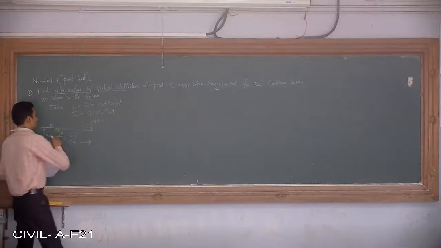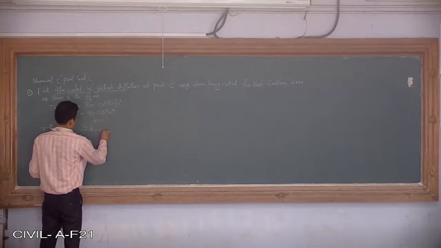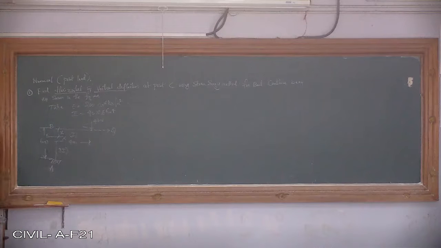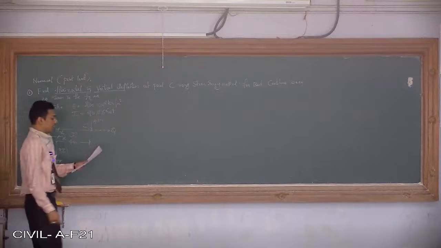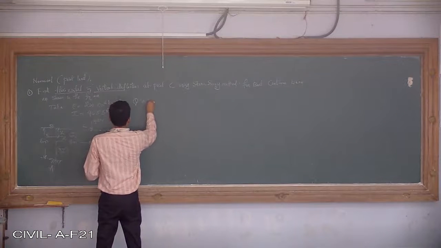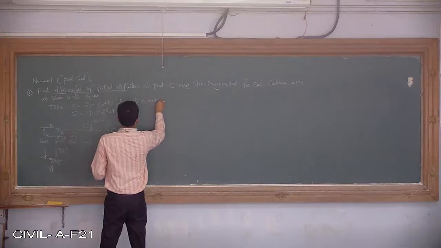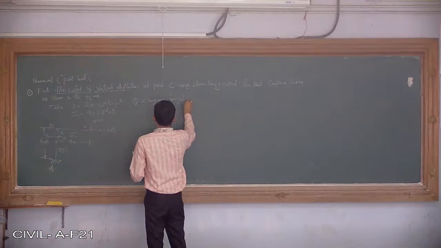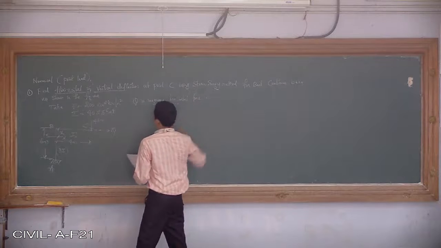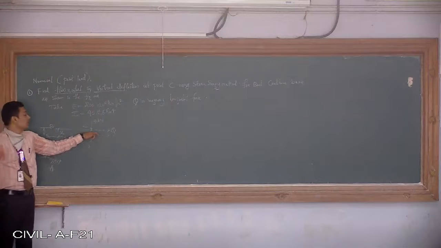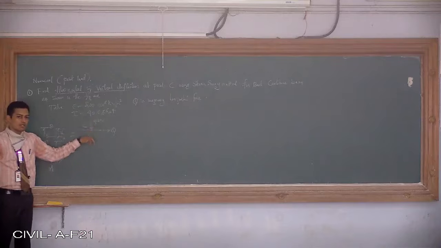To have horizontal deflection, we should have an imaginary force Q. This is where the change takes place, to find horizontal deflection. So Q is an imaginary horizontal force, because we need horizontal deflection as well as vertical deflection at point C. Vertical load is there, so we'll get vertical deflection.